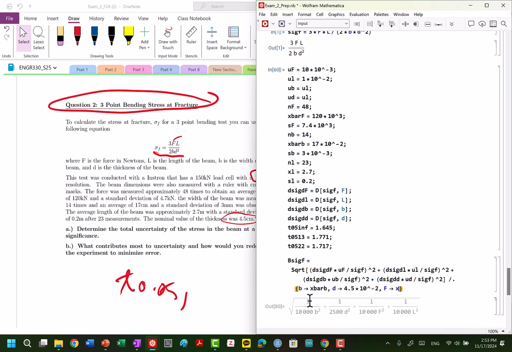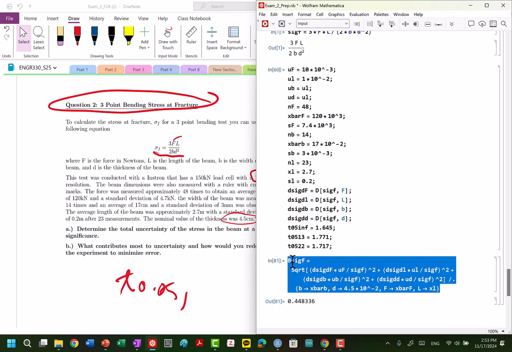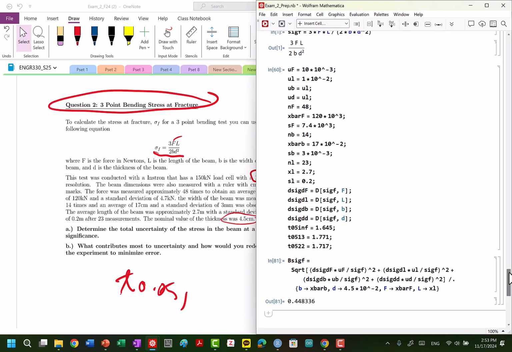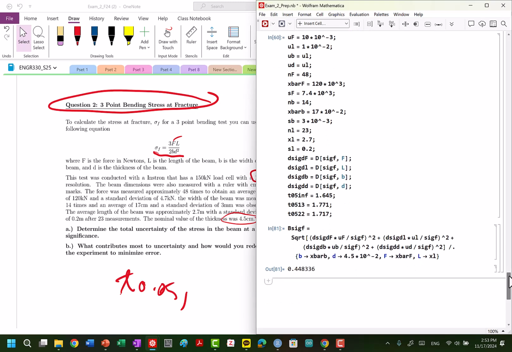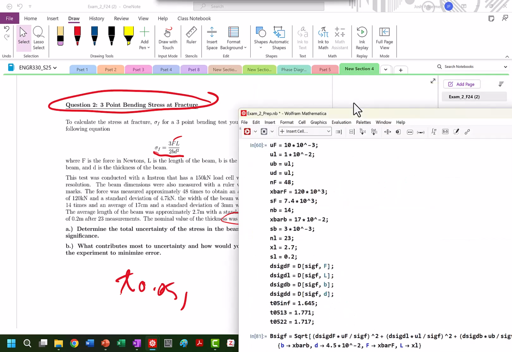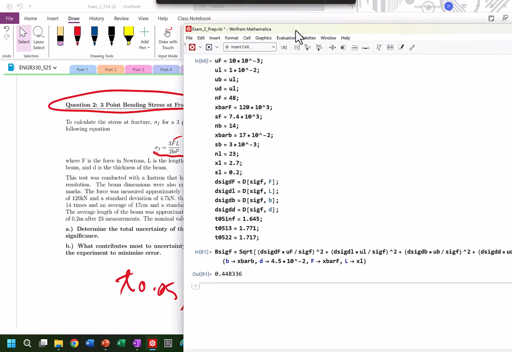F goes to X bar F, and L goes to X bar L, or did we give an X bar L? I think we just did XL, 2.7 meters. Oof, that's a large error. We'll come back to that. That's probably got mostly to do with that millinewtons. But anyways, let's go through here now.